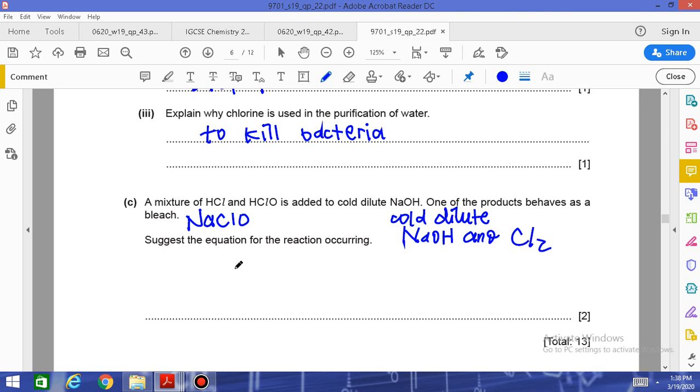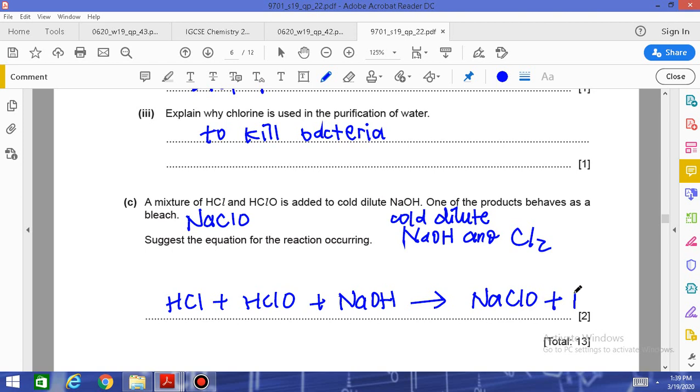So the equation for the reaction occurring is HCl plus HClO plus NaOH produce NaClO plus NaCl plus water.